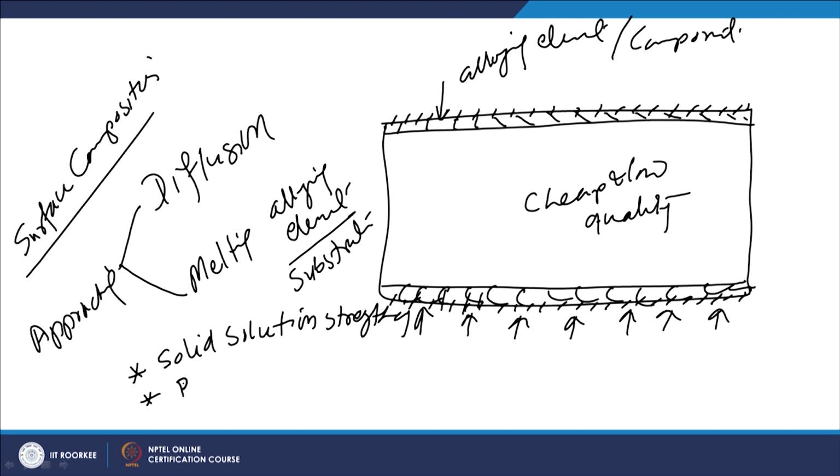There is another way: it may facilitate precipitation hardening. So, introducing some of the elements at the surface layers, subsequently on heat treatment they form hard precipitates, which will help in improving the surface properties. Then we have dispersion hardening, wherein such constituents are introduced at the surface and near surface layers which will maintain their integrity and get firmly bonded and mixed with the surface and near surface layers.